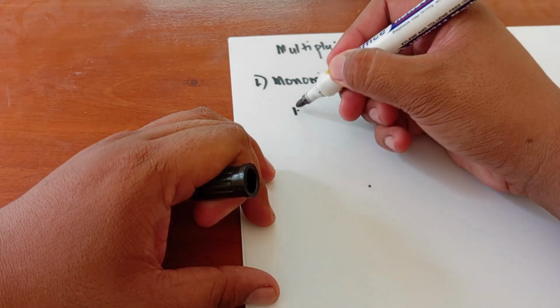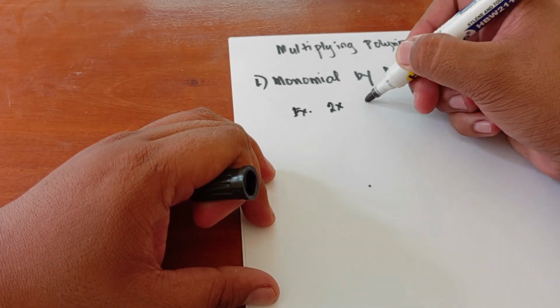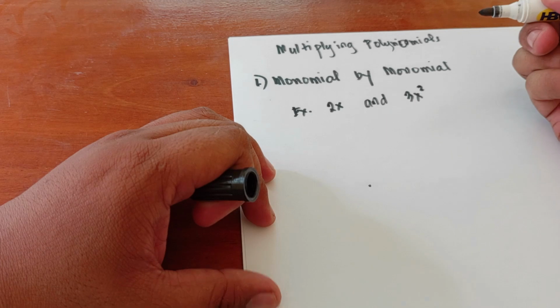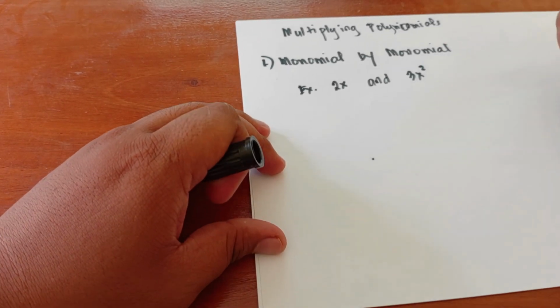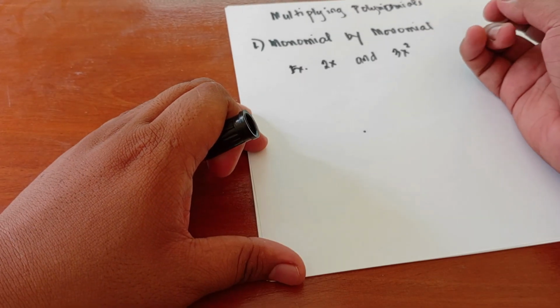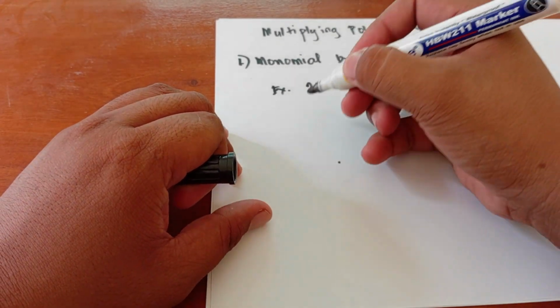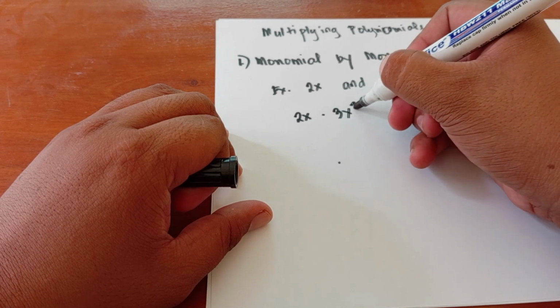Say for example, 2x and 3x squared. They are monomials since they are only single terms. So what is the product of 2x and 3x squared? We have 2x times 3x squared.